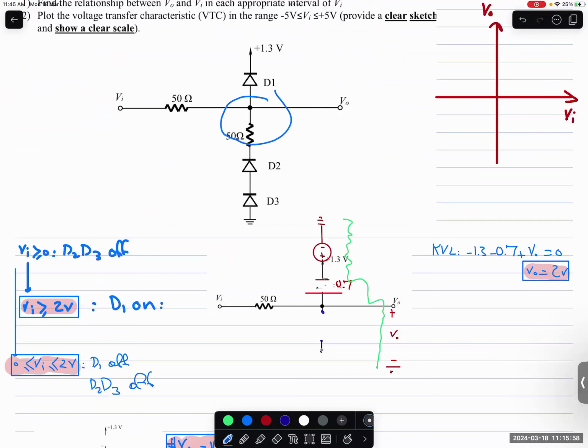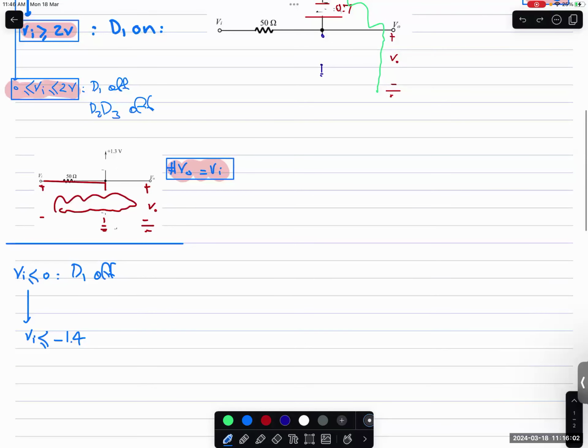So the voltage over here should be less than minus 1.4. Why minus 1.4? Minus 0.7 minus 0.7, like I said. If it was three diodes, it would be minus 0.7 minus 0.7 minus 0.7. Then D2 and D3 will turn on, okay?